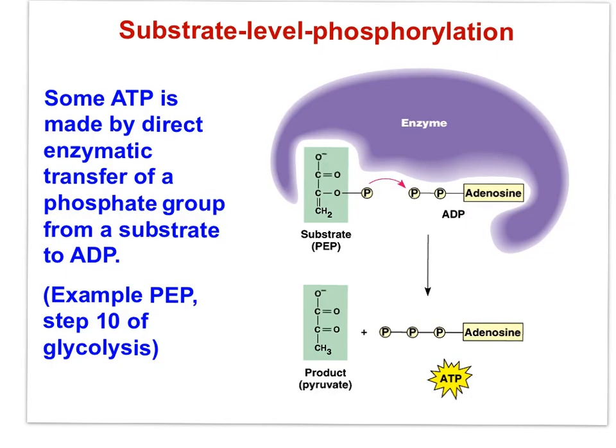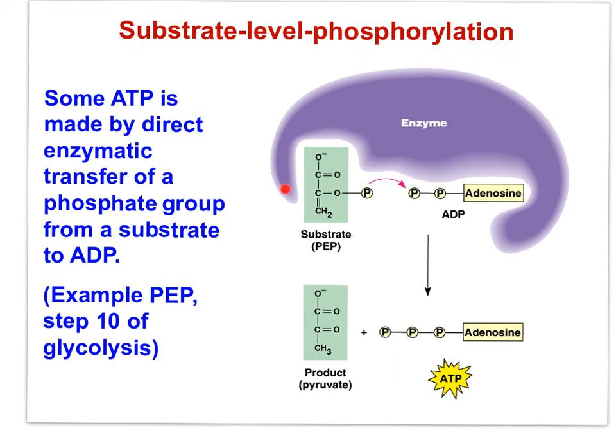One last detail before leaving this movie, a detail that's important to mention before going forward, is that ATP formation through glycolysis and the Krebs cycle is different than it is in the electron transport system. In glycolysis and the Krebs cycle, ATP is formed by a process known as substrate-level phosphorylation.